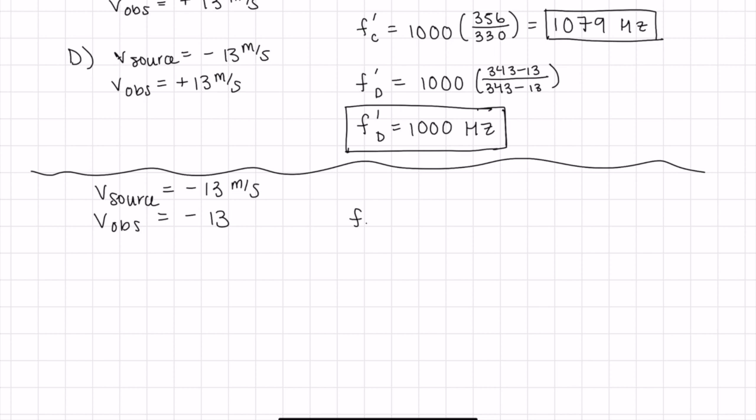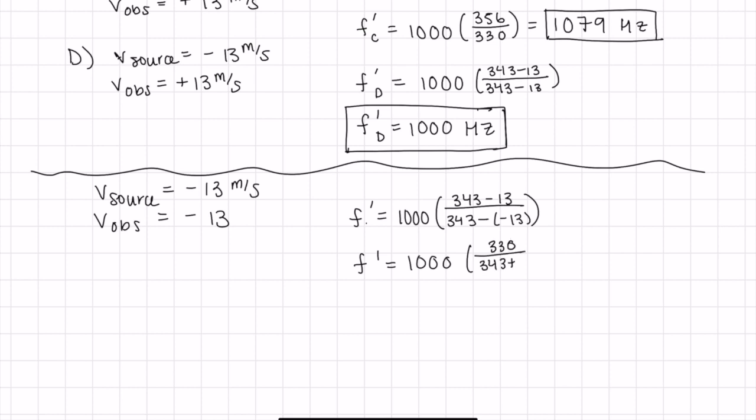So we get F prime is F, which I guess I'll keep as 1,000. F prime is 1,000 times (343 minus 13), and then this will be 343 minus a minus 13. So that'll become a plus 13. So we get 330 on the top.